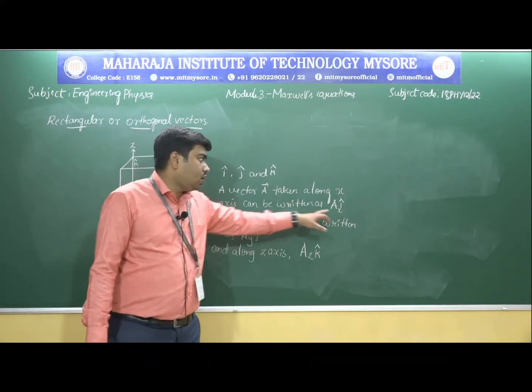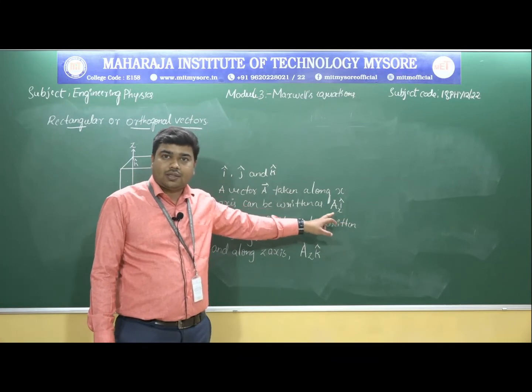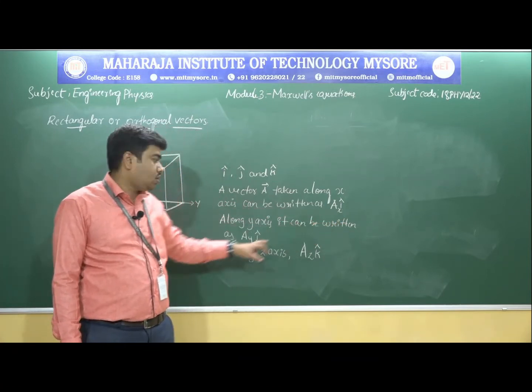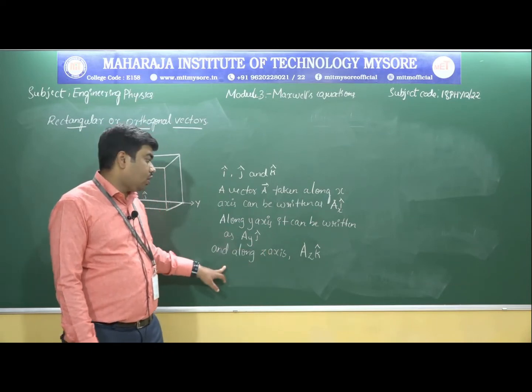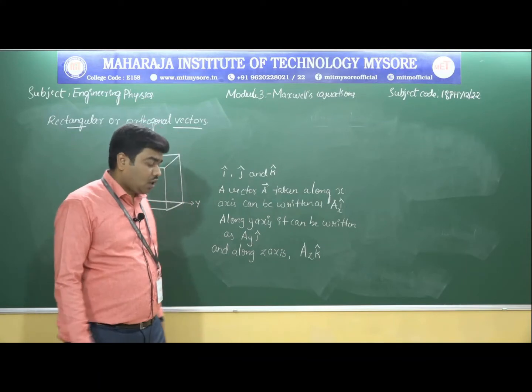So, along the x axis it becomes Ax into i cap, where Ax is the magnitude and i cap is the direction along the x axis. Similarly, along the y axis it becomes Ay into j cap, and along the z axis it becomes Az into k cap.